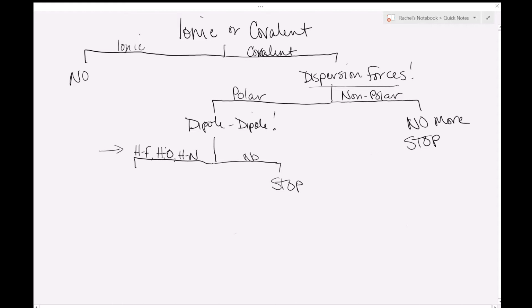So if it does not have a bond between a fluorine, an oxygen, or a nitrogen with a hydrogen, what it does have is dipole-dipole and dispersion forces. Okay? If we're stopping here. If it does have an HF, an HO, or an HN, then it can hydrogen bond. So we're going to write that there. Hydrogen bond with itself.